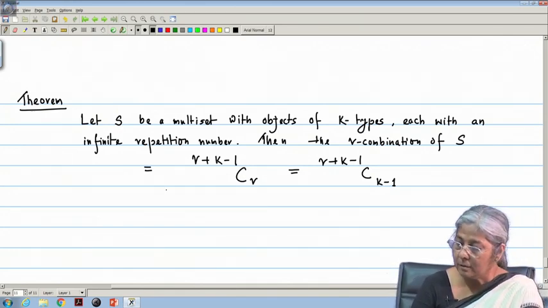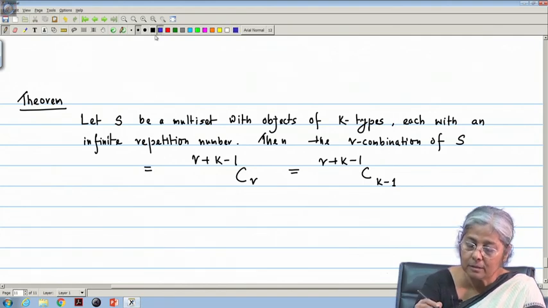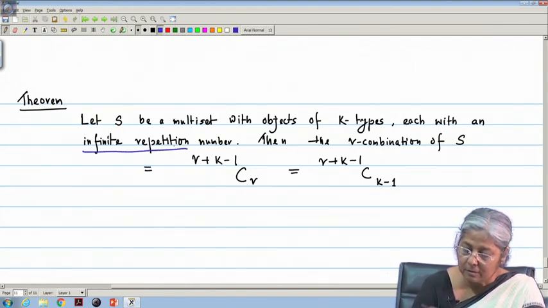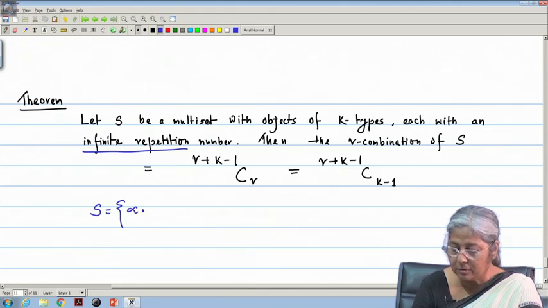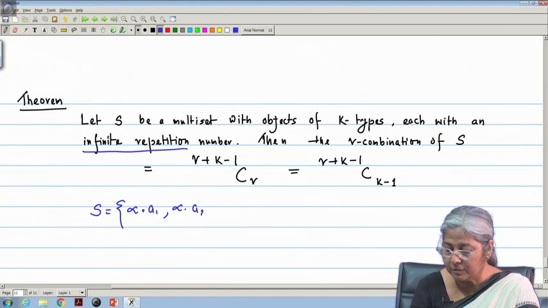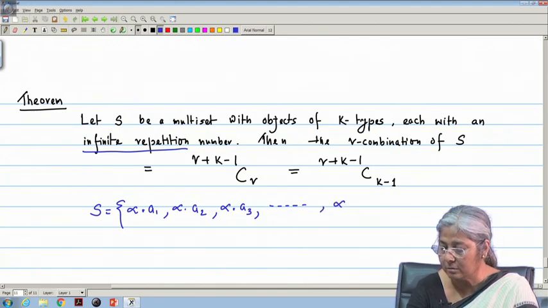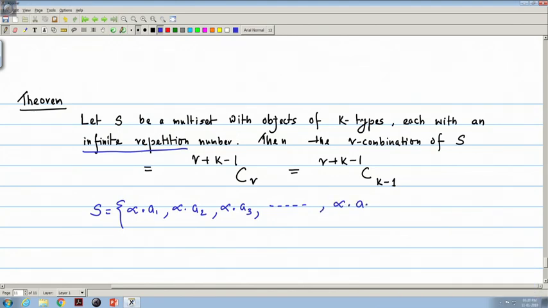Here it is infinite repetition, so S is of k types: infinite repetition of A1, A2, A3 and so on, up to Ak.